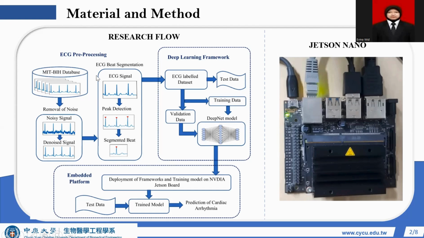Then they go to ECG beat segmentation. They detect the peak of the beat, and then segment the beat. After they segment it, they go to the deep learning framework. They label the dataset, the ECG peaks, and then split it into test data, training data, and validation data.